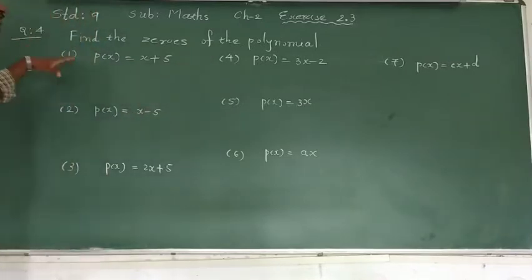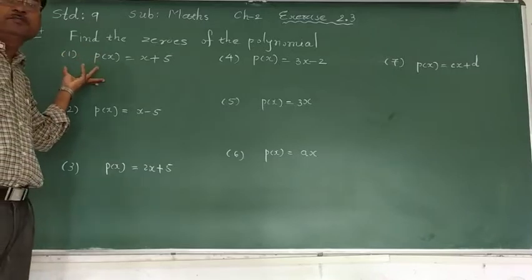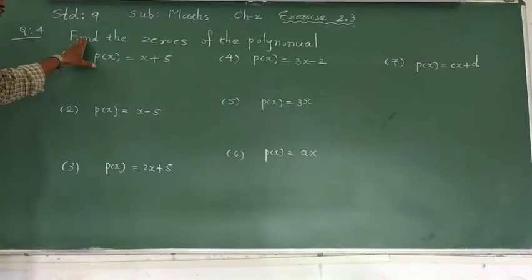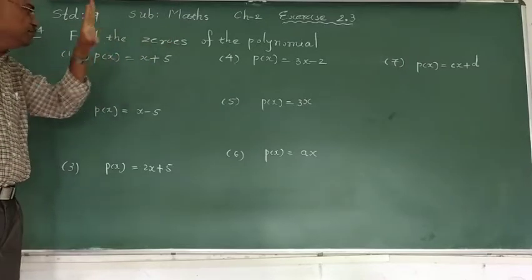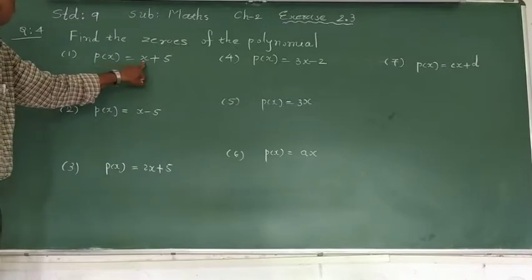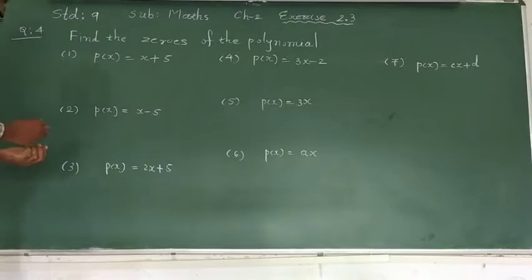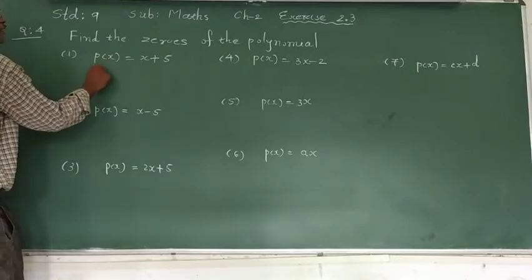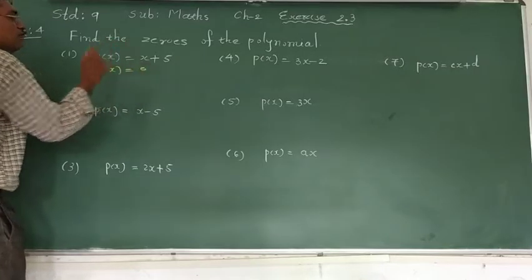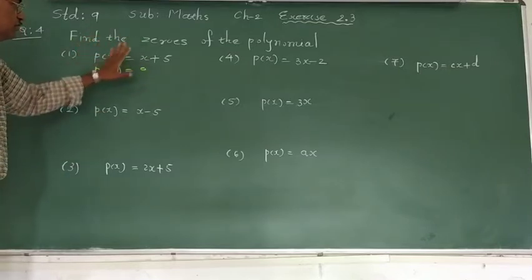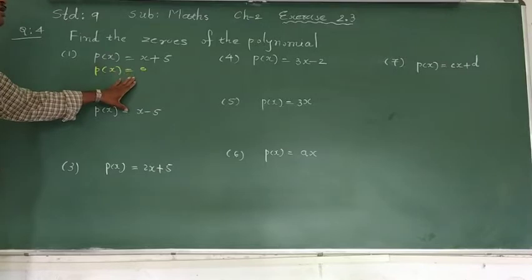In the previous example we discussed whether the given value is a zero of the polynomial or not. But this is a different type of sum. Here, find the zeros of the polynomial means we have to find the value of x, which is not given in the polynomial. So first we write p(x) equal to 0.